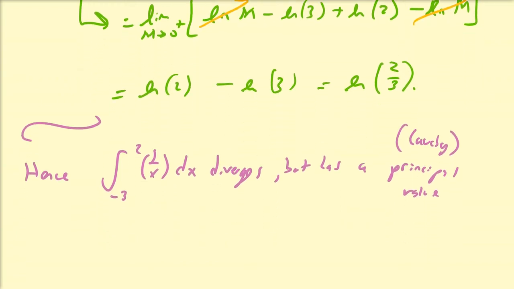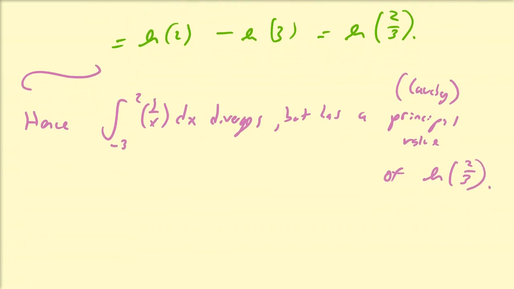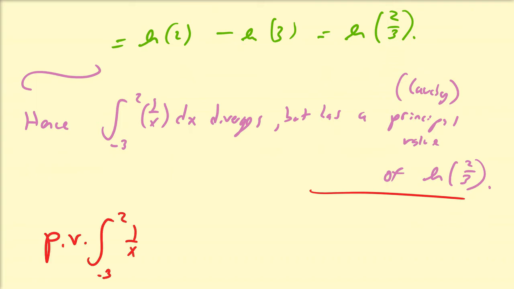It has a Cauchy principal value of natural log of 2/3. We write this statement as the principal value of the integral from -3 to 2 of 1 over x dx is equal to the natural log of 2/3.